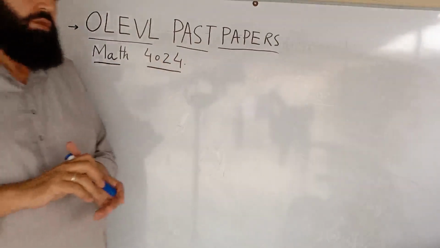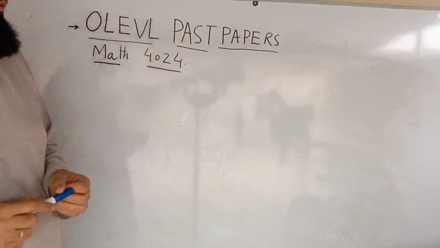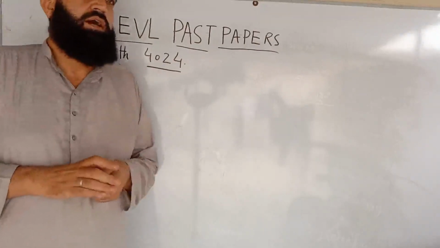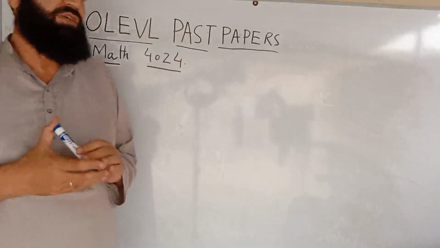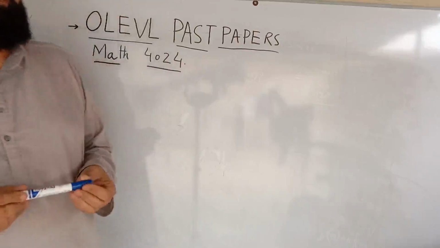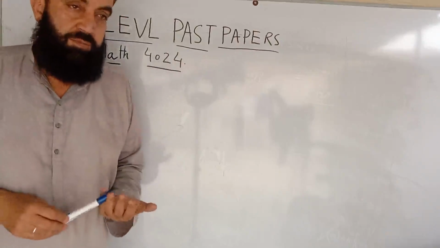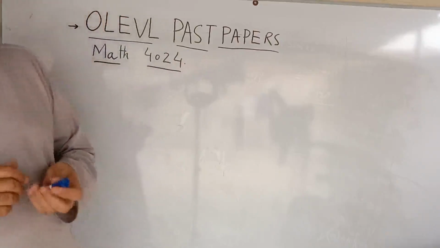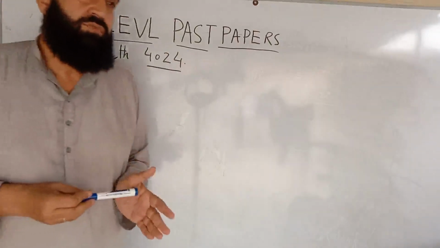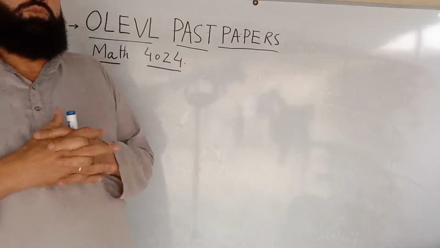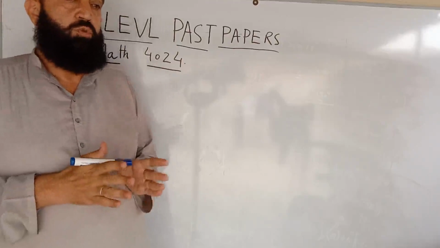Today we are going to start O-level past papers of mathematics 4024. The course of past papers is divided into two parts: paper 1 and paper 2. Paper 1 contains questions which are supposed to be solved without using a calculator.